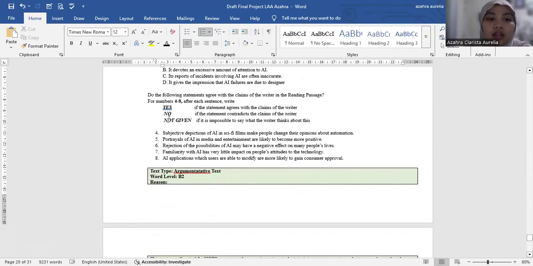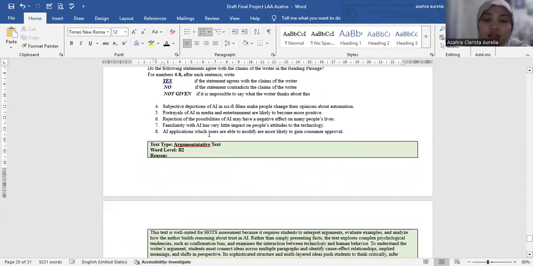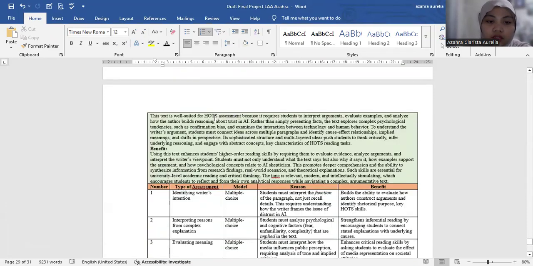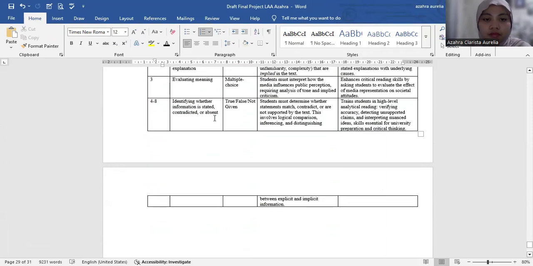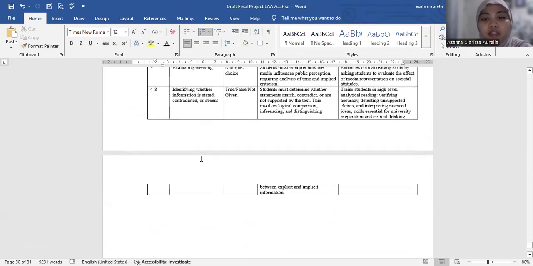And then the last type of question is true, false, or not given, because the students have to verify the claims logically, and it strengthens their evaluative reading. So the students have to determine whether the statements match, contradict, or are not supported by the text.